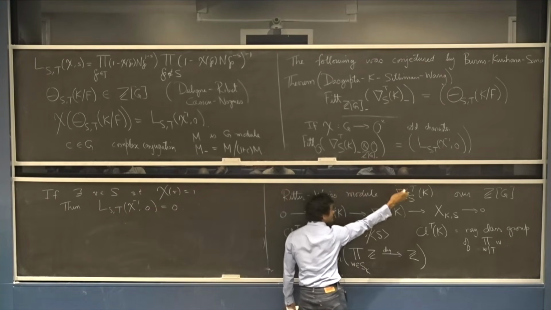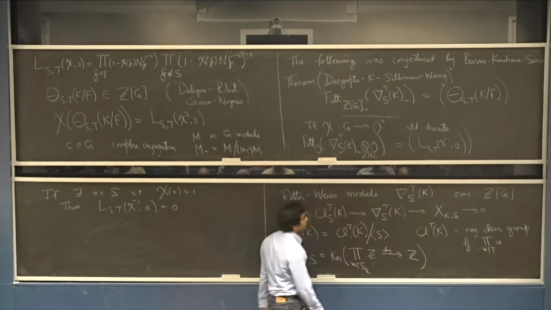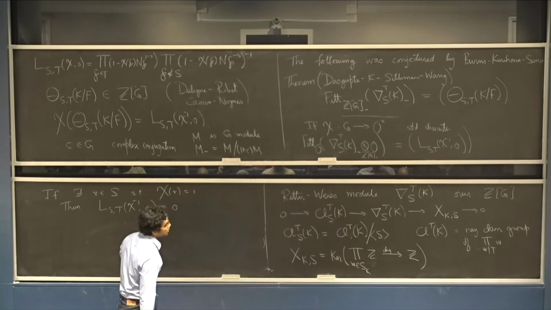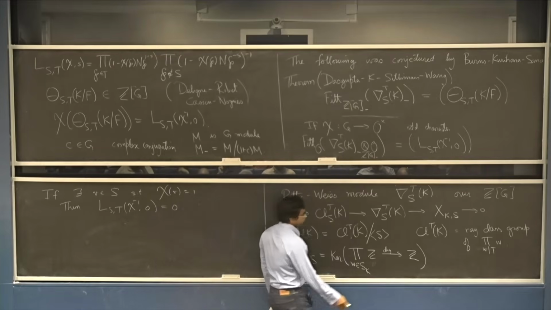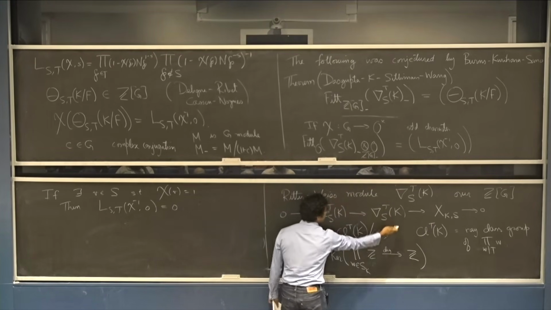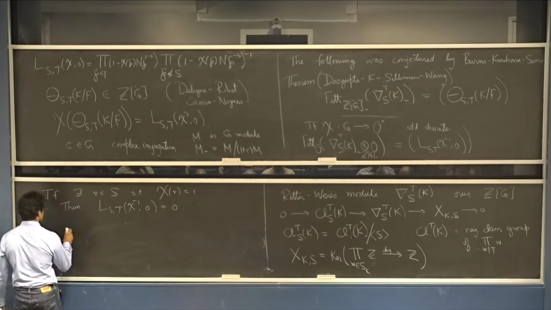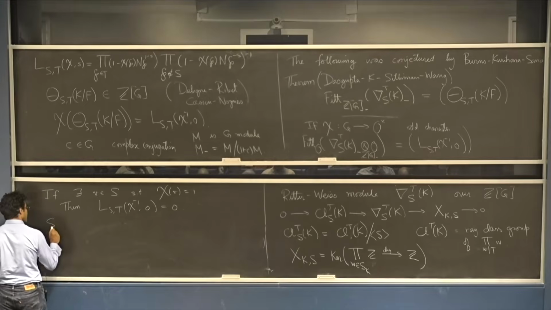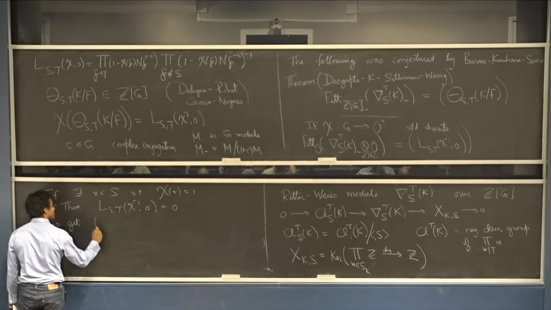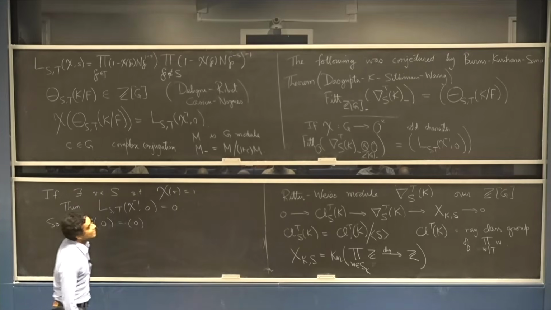You can see that X tensored with O turns out to be an infinite group, and so the Fitting ideal of an infinite O-module is 0. So basically you get 0 equal to 0, and so it's probably not that interesting, right?